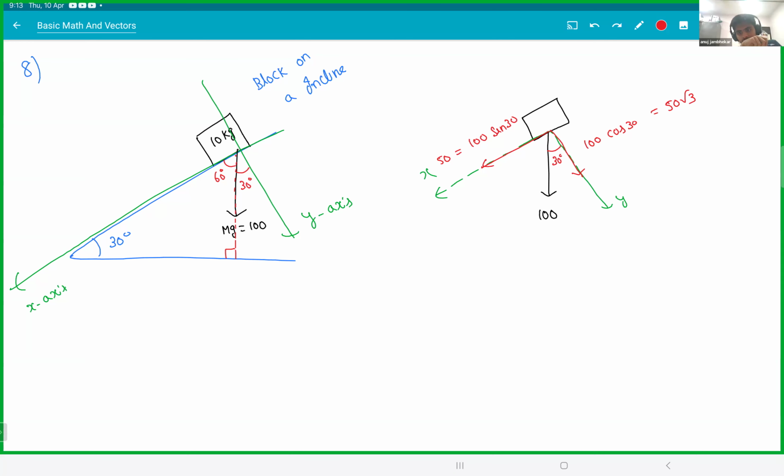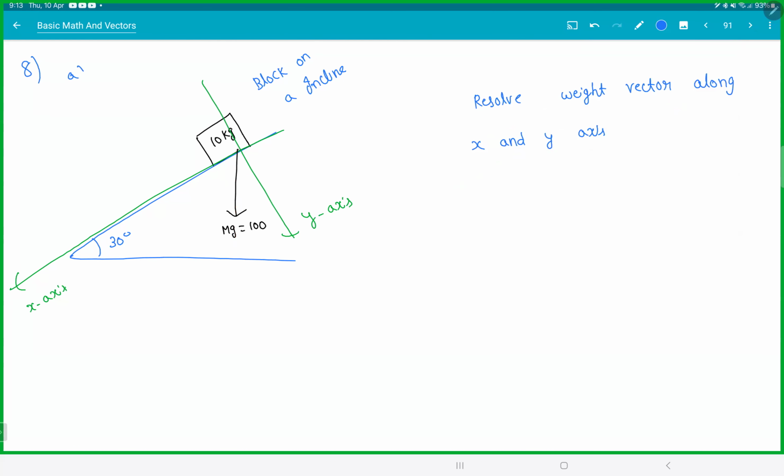Or how much is 100 sine 30? So that is the complement, it won't matter. If you take 60 or 30, meaning what he is asking, if you had taken 60, you would have got 100 cos 60, which is also 50. This would have been 100 sine 60, which is also 50 root 3. It won't matter whichever angle you take. Clear with this?